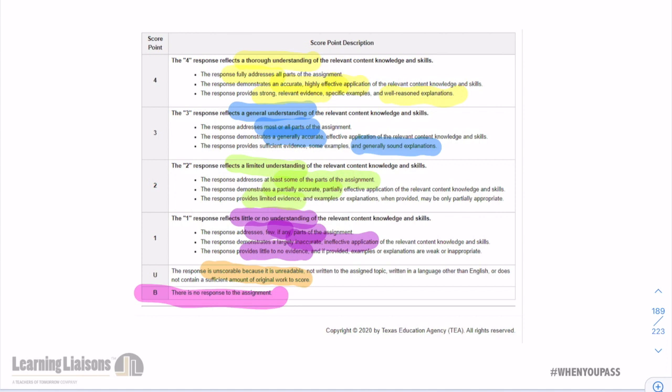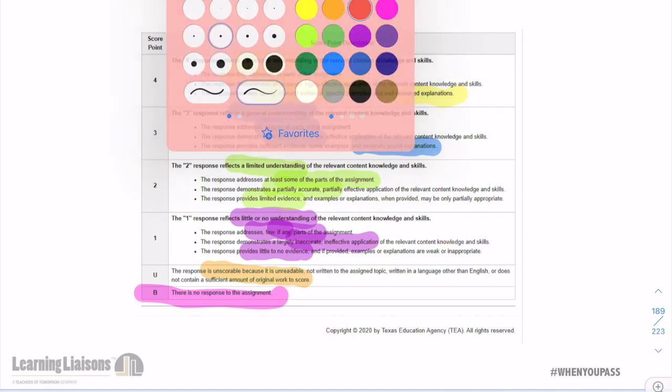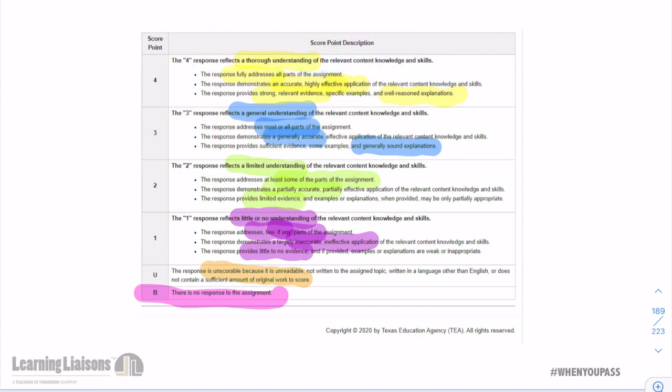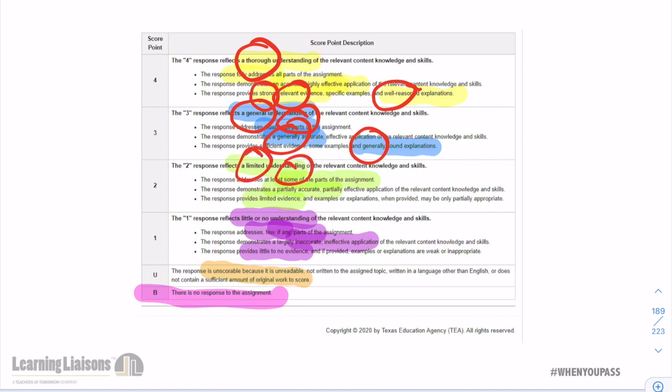So I'm going to go over here to another color, and we're going to pull out specific words. So in 4, let's look at the words thorough, strong, relevant, well-reasoned. Let's look at 3: general, part, general, general. Let's look at 2: limited, some, partial, limited.